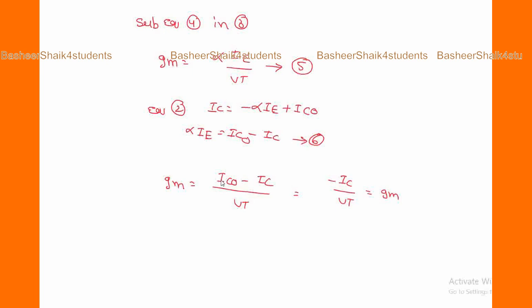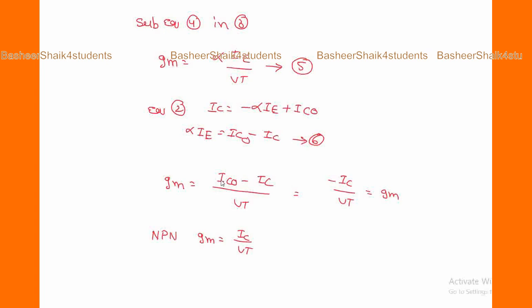And now we can consider that for the NPN transistor, whereas this is for the PNP transistor, the same Gm is going to be IC by Vt.